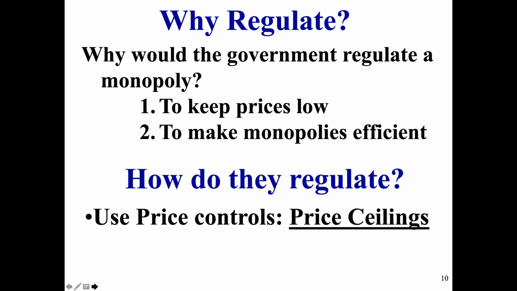Remember, you'll recall back in Unit 2, when we introduced price ceilings, we did not like price ceilings because they created deadweight loss. They were an intervention on a market that was working. So by adding a price ceiling in there, we were creating deadweight loss. In this instance, because the monopoly in and of itself is not efficient, we actually want the government to come in and set some price ceilings, okay?